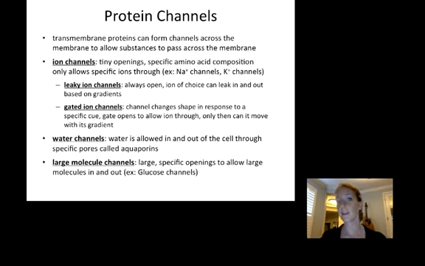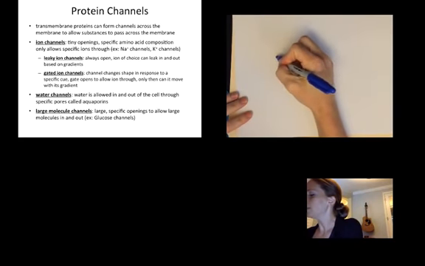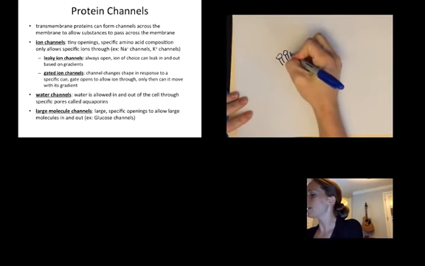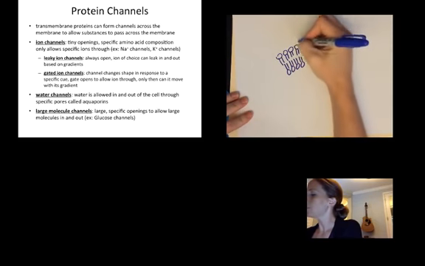Let's draw this out for a moment. Okay, so you have a membrane that is made up of a bilayer of phospholipids with the tails pointed inward and the heads pointed outward.